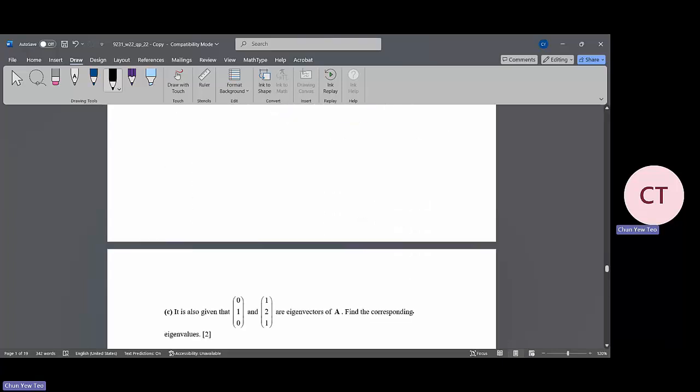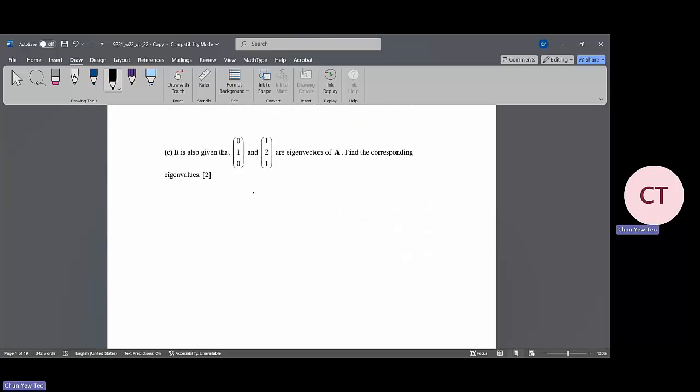Then now move on to C. They're giving you these eigenvectors, and then find the eigenvalues. So just take the matrix A, multiply with this eigenvector, and we see what the result is. The matrix A is 2, 15, 3, 0, negative 4, 0, and 3, 3, 2.